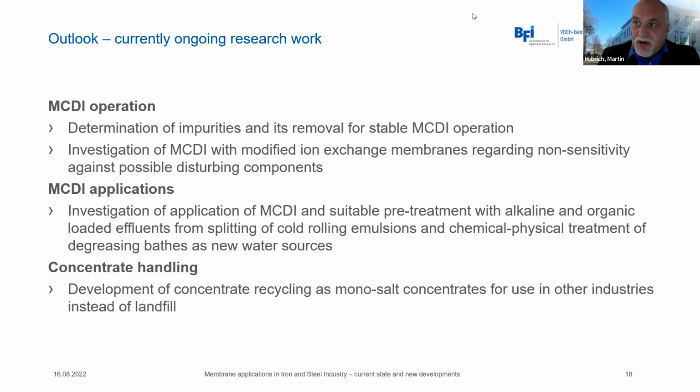And this you can avoid in two ways. One is to add an antiscalant during that time, or the other one is to have a higher regeneration flow, or just regenerate more often. But this leads to a decrease of the efficiency and the flow rate you can treat.